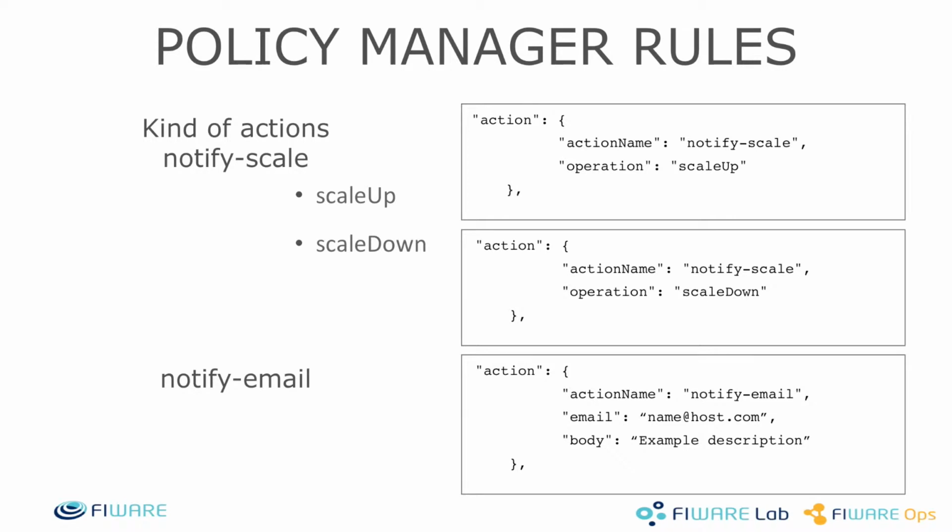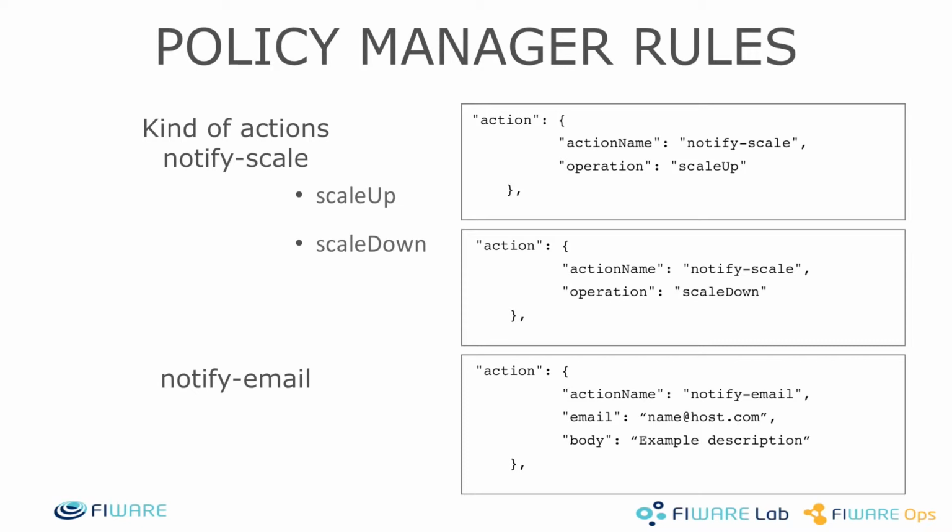About actions, we support two different actions as notifications: notify scaling and notify email. The first contains a message for scale up or scale down of a server in the action name parameter. Notify email sends an email with the address and a message with the body, which is sent to an email server to inform users.